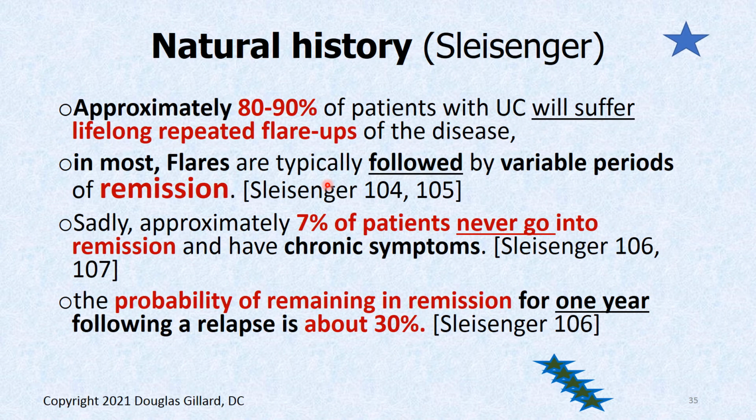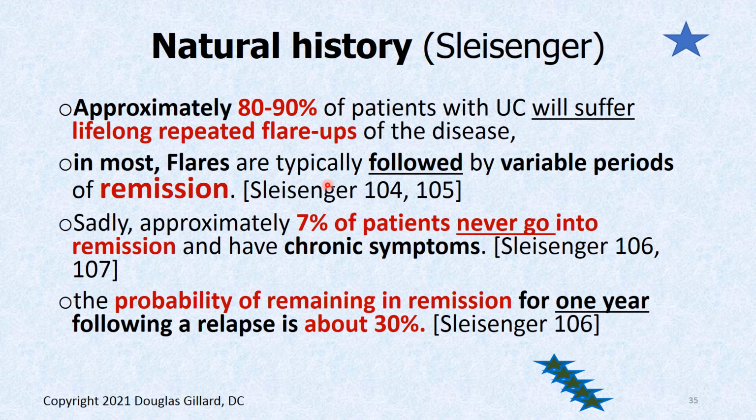The natural history, so what's the story with this one? About 85% of patients will suffer repeated lifelong flare-ups. So you get one flare-up when you're a teenager, and most of you will be in the club, so to speak. The flare-ups can be followed by long periods of remission, which is good and hopeful, but it's not the norm.